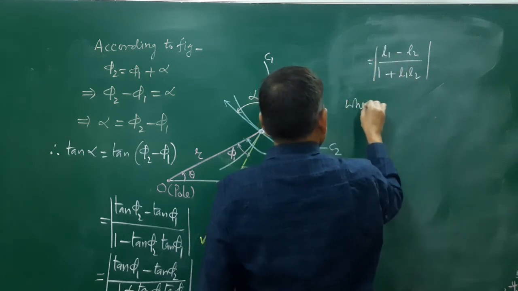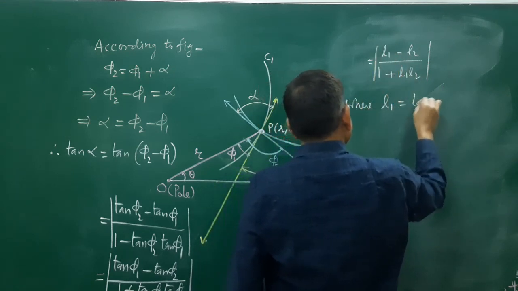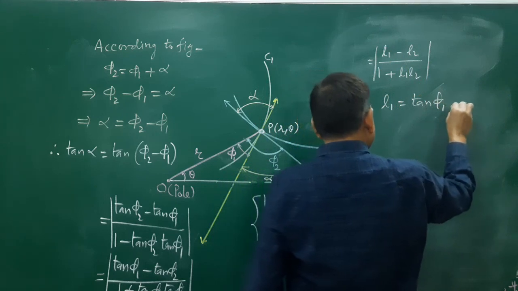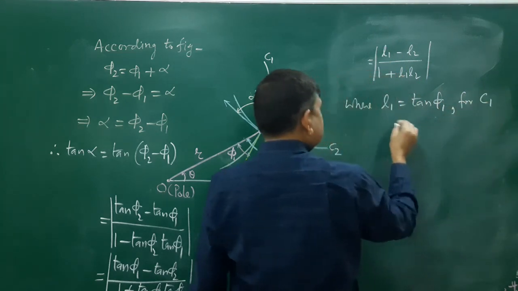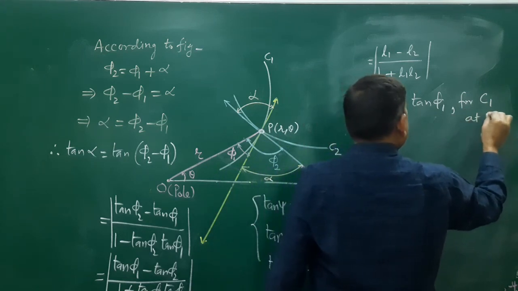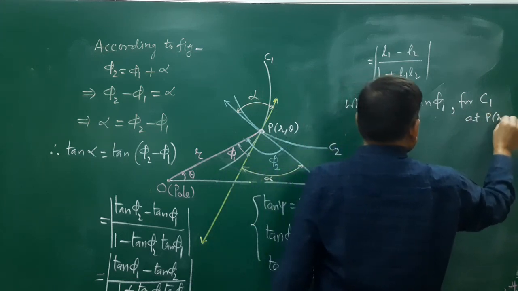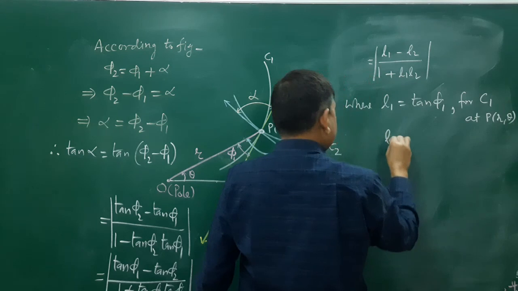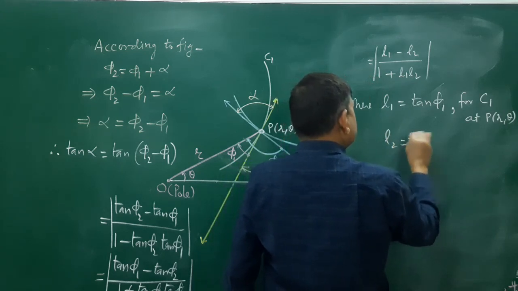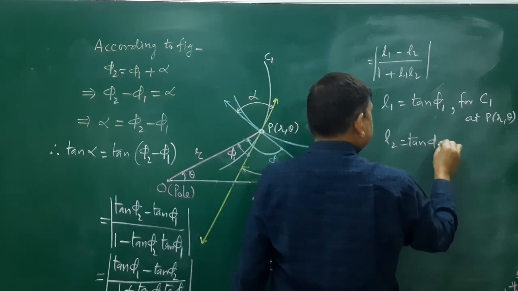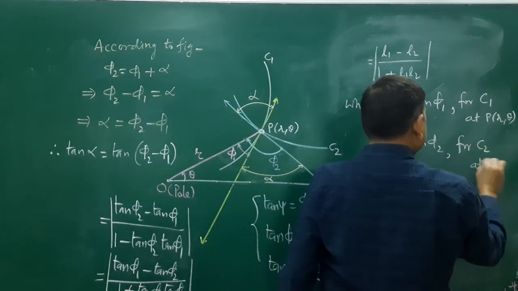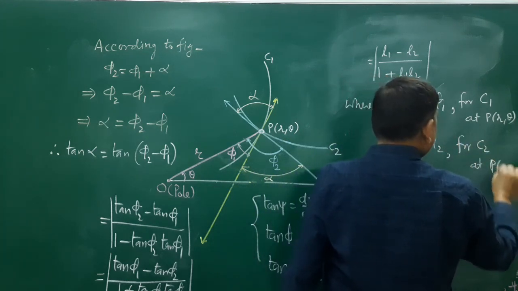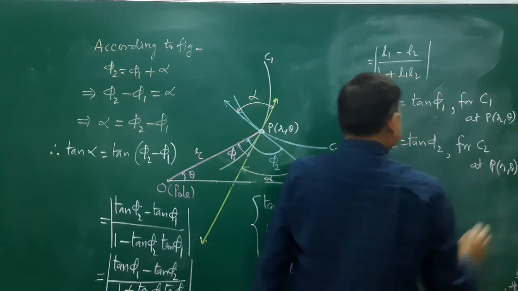where what is L1? This is tan phi 1 for C1, the first curve at P (r, theta), and L2, that is tan phi 2, is for C2 at P, that is (r, theta).